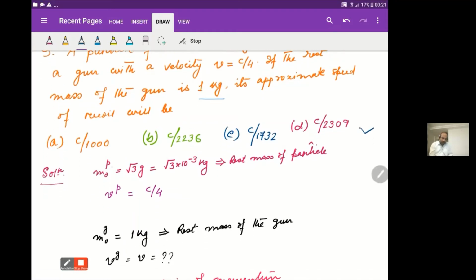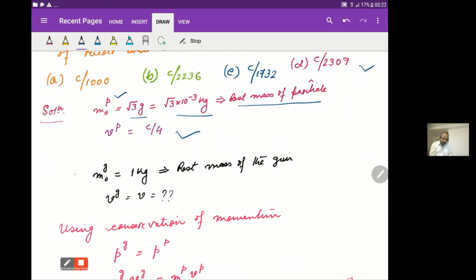So P stands for particle. So rest mass of the particle is root 3 g, that is converted into kilogram. So root 3 times 10 to the power minus 3 kilogram, and that is the rest mass of the particle. Velocity of the particle is c by 4, which is relativistic one.